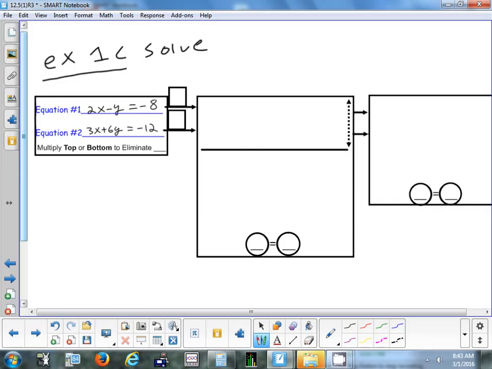And to do that, you're going to multiply either the top equation or the bottom equation by something so that your numbers in front become opposites. Like, we could make it so we have -6 and +6. So which letter do you think we could eliminate here? Do you want to try to eliminate x, or do you want to try to eliminate y? You pick.